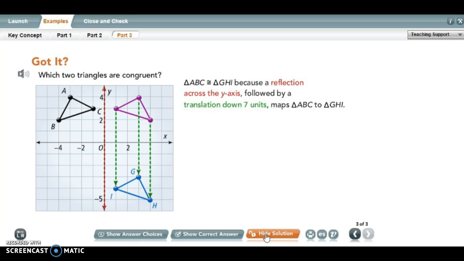So here they have shown that if you reflect it going across the y-axis and then you translate it down 7 units, then it will map out to be the same. So go ahead and draw that on your notes as well. Show it reflecting and then your line of reflection and then show it translating down.